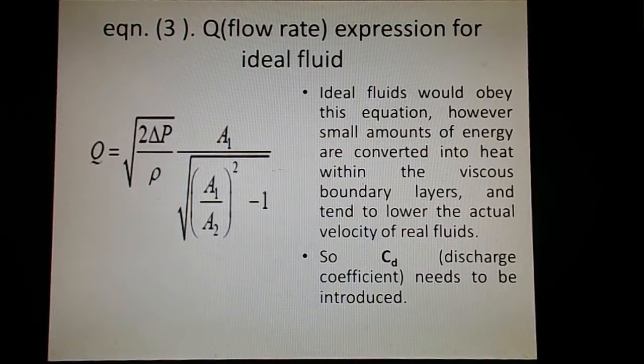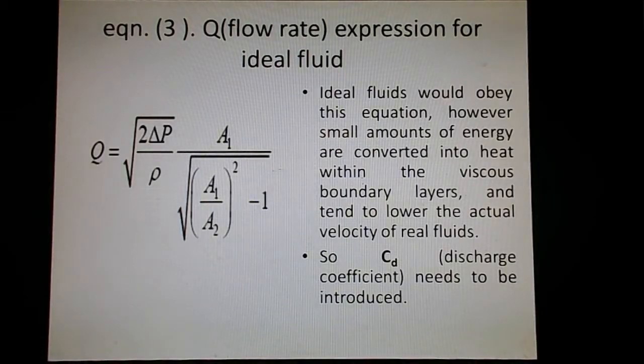and because of this viscosity there is generation of heat between boundary layers of the fluid, because of which the velocity tends to get lowered. The actual velocity is lower than the ideal velocity.